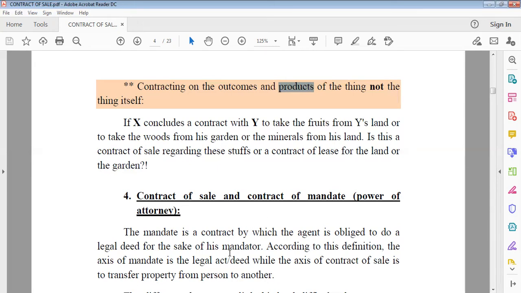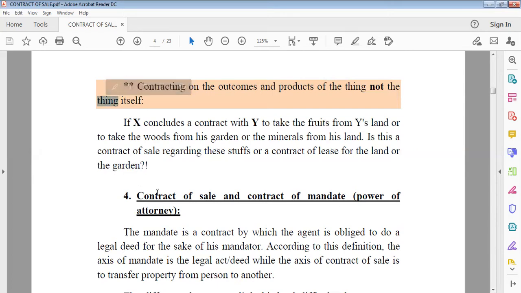Well, here the jurists of the civil law differentiate between the outcomes and the products of the thing. They say that the outcomes, or ثمار يعني, we can get them from the thing, like the fruits, for example, we can get them from the trees of the land in a regular way. And if we take them, they will not affect the thing itself.